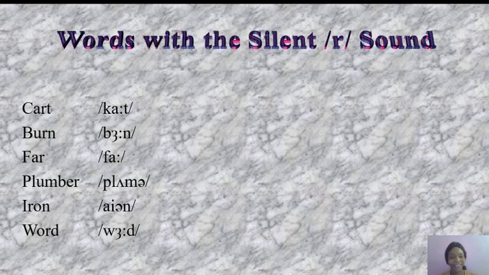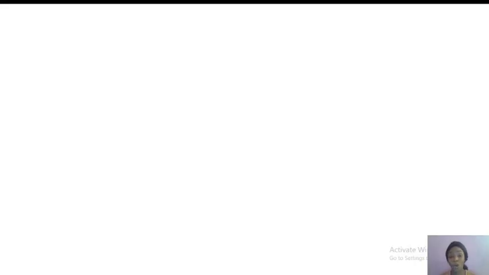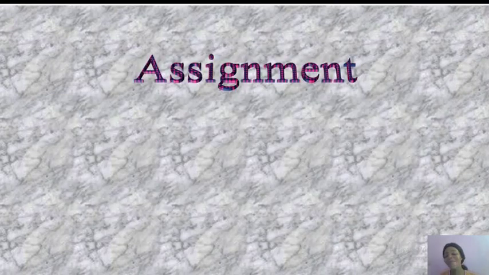We have word. Now, in all those words, you'd notice that the letter R in them is not pronounced. So much so that the R sound is silent in those words. That's what we mean. Now, that is it for consonants L and R.